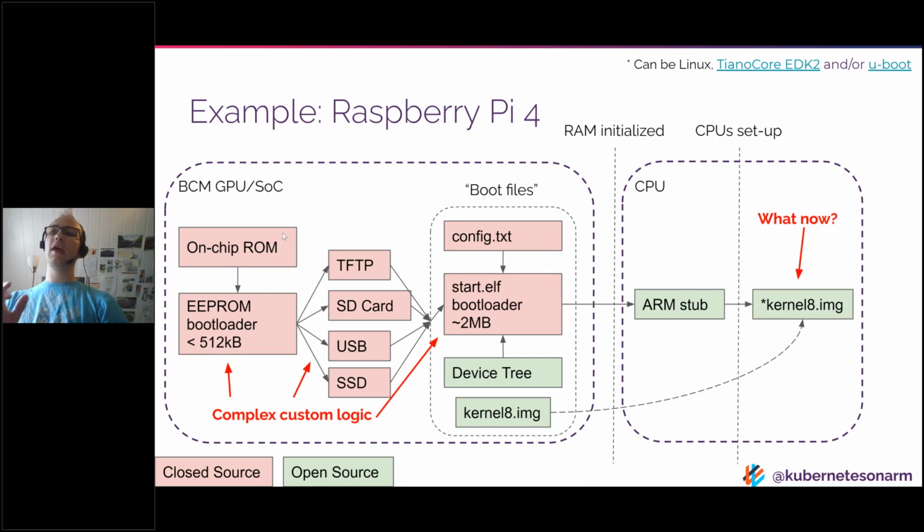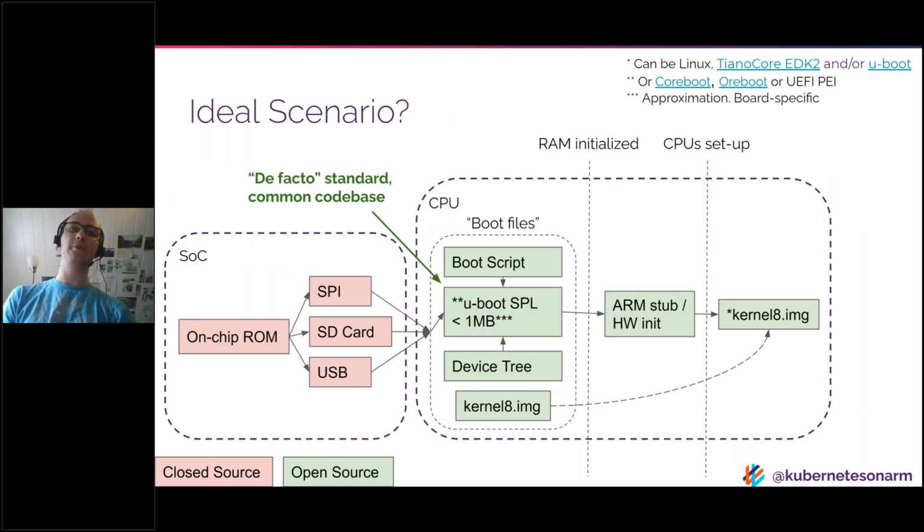So if we look at some other board than the Raspberry Pi, which is fixed to this, how would an ideal scenario look? Well, in terms of pragmatism, I guess we just have to accept that the system on chip read-only memory bootloader is probably going to be closed source anyway.